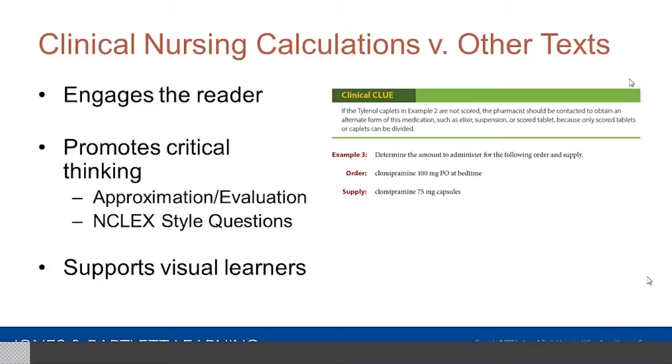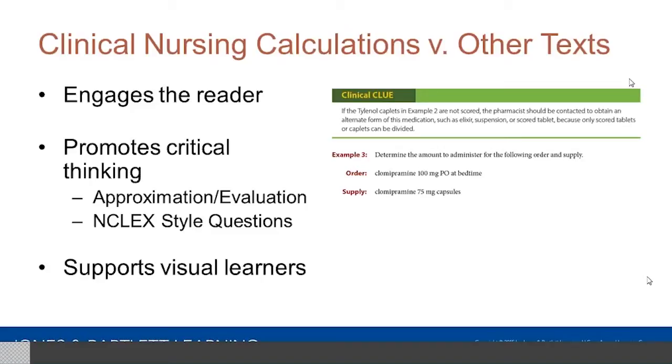The example that follows this clue yields, as you see right there, 1 1/3 capsules. And the text will go on to say that the prescriber must be contacted for an alternate form of medication, like an elixir or suspension. And then the very next example utilizes that elixir.